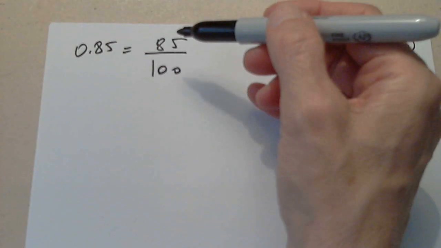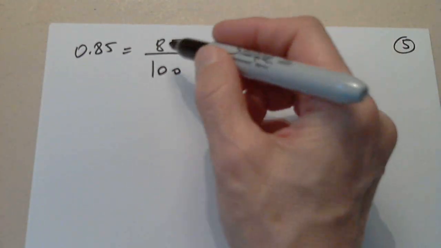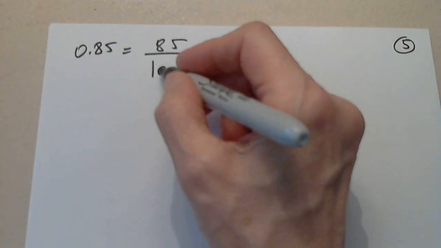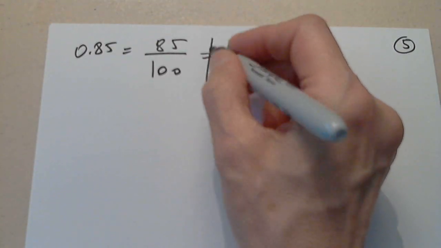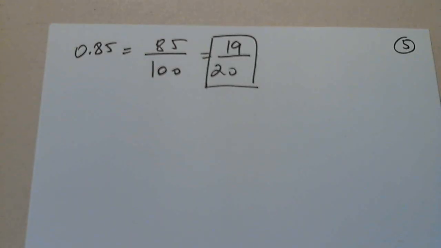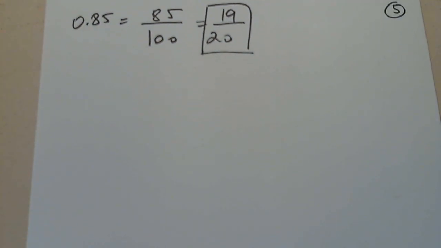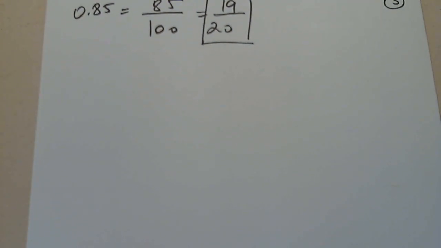Well, I see that they both end in 5 and 0, so they are divisible by 5. When I divide by 5, I get 19. When I divide by 5, I get 20. And this is it. This is the proper fraction in lowest terms, 19 over 20. Any questions so far?